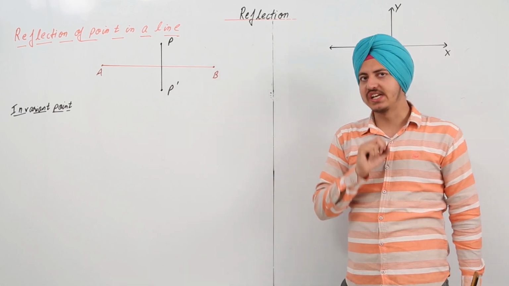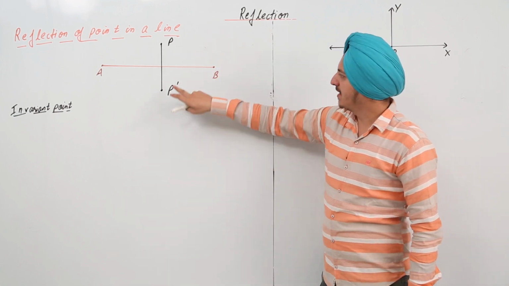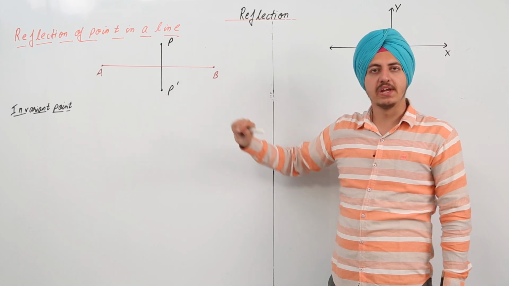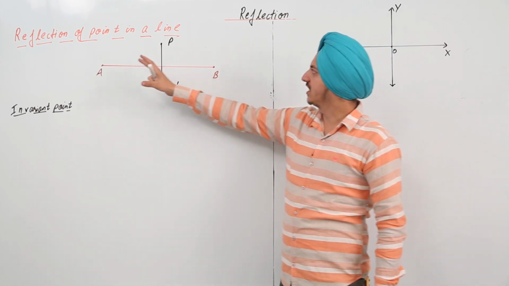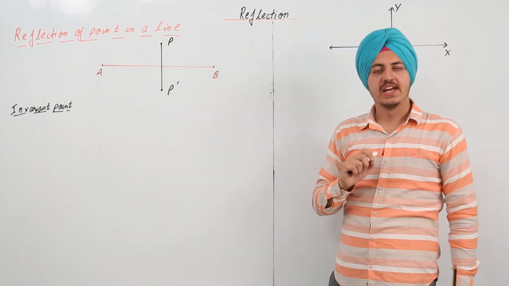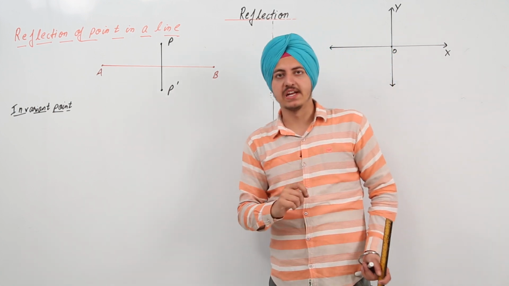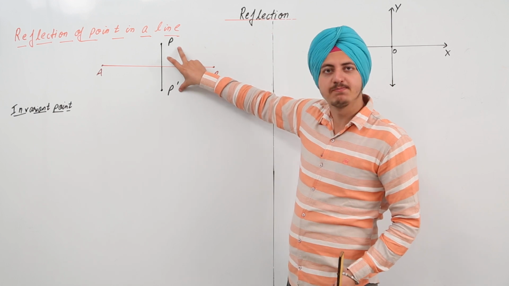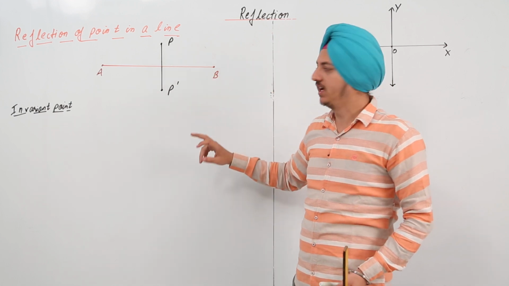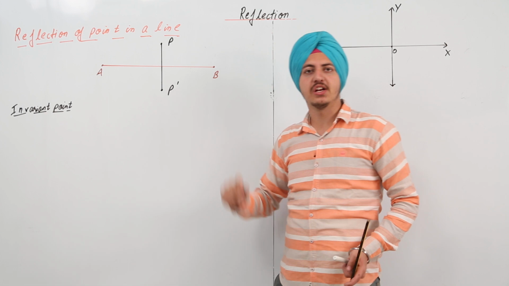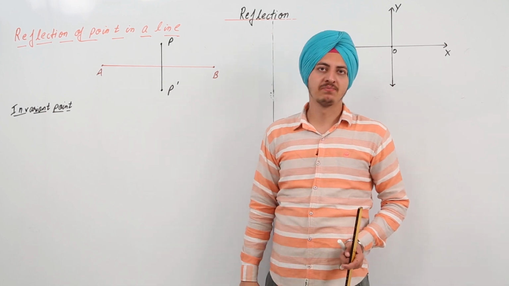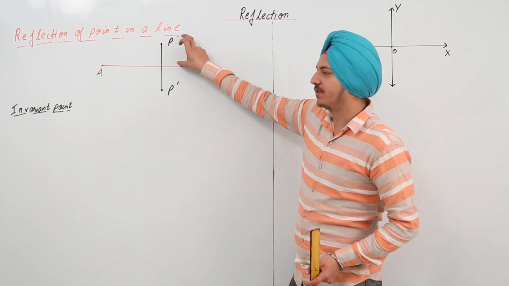So the definition says that the reflection of a point in a line is such that the line formed by the image and the point, that line P P dash, should be the perpendicular bisector of AB, and they should be at the same distances.